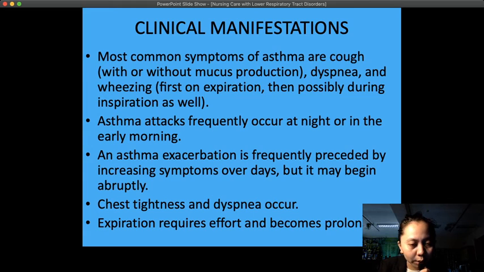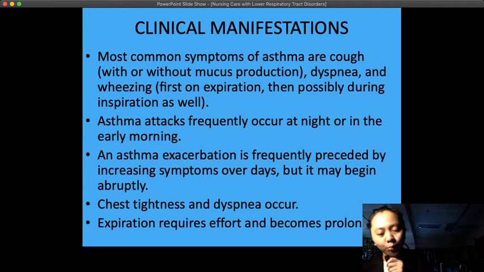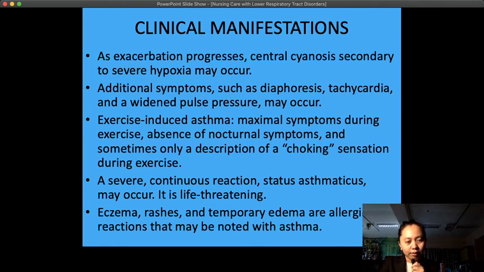Expiration requires effort and becomes prolonged. If you have seen a person with asthma, you can see that they have prolonged expiration, and sometimes may wheezing pa or crackles. Okay, just read about the clinical manifestations for review.